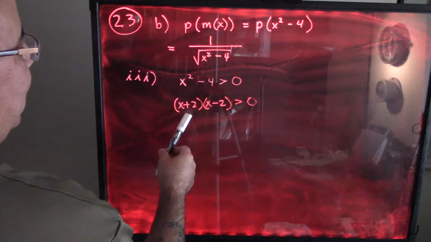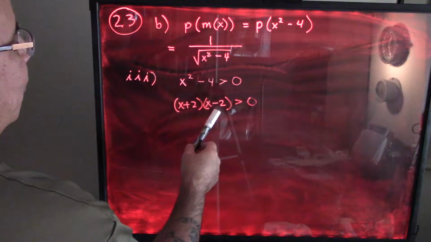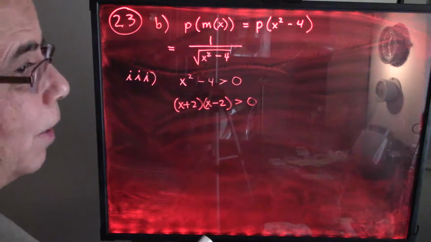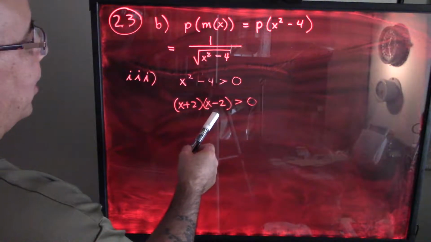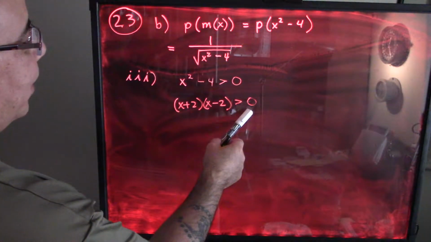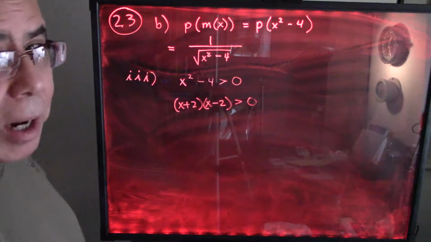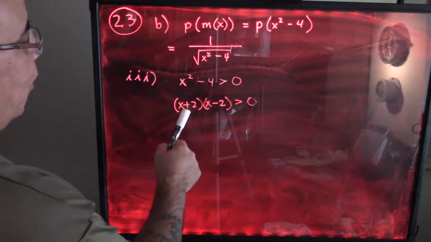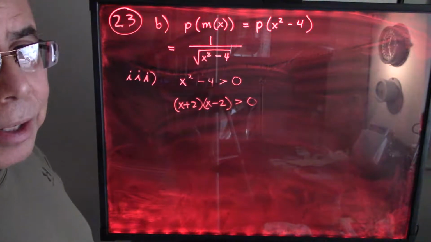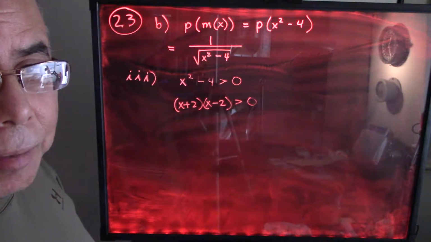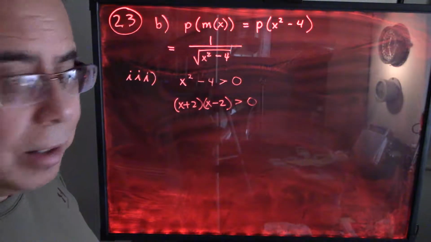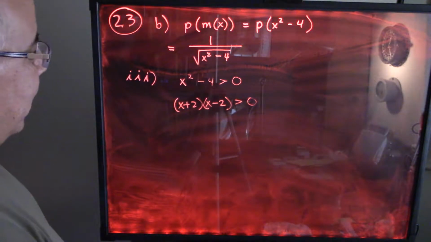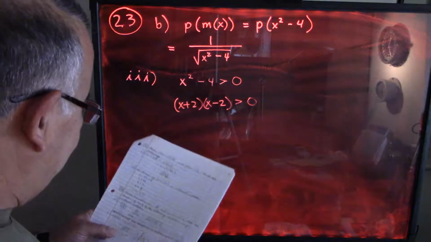That means either these both are positive or they're both negative. Because positive times positive will be greater than 0. And negative times negative is positive, which again is greater than 0. You can't have one of these negative and the other positive, because then you'll get something negative which is less than 0, and that would make this inequality false. So both positive or both negative.